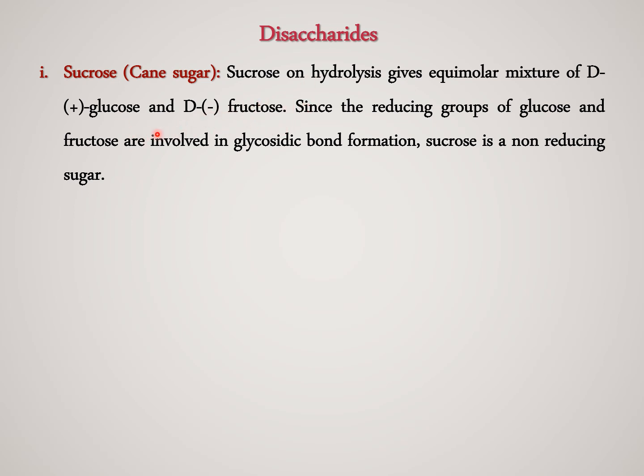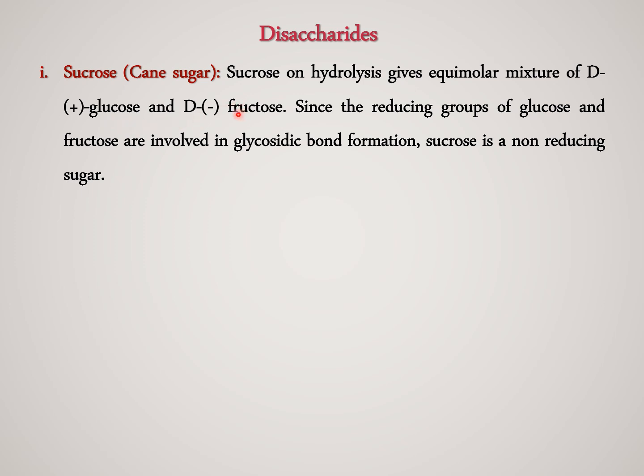The glucose is dextrorotatory, plus, and rotates the plane polarized light in the clockwise direction. Fructose is levorotatory, minus, and rotates the plane polarized light in the anti-clockwise direction. Here you have the glucose molecule linked to fructose through the linkage from carbon 1 of glucose to carbon 2 of fructose.